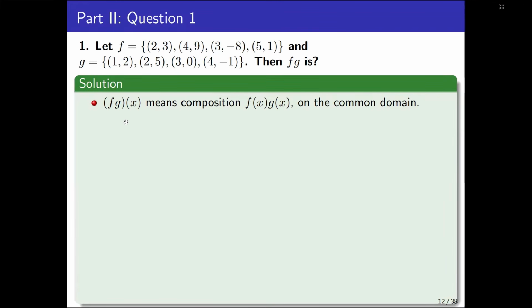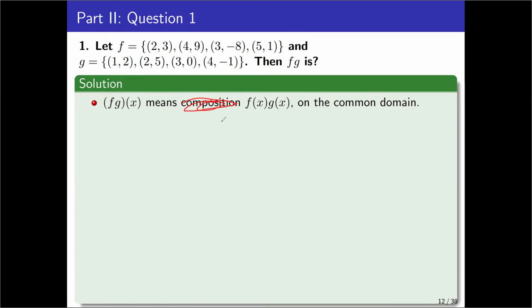By definition, f times g of x is an operation which is the product of the two. It is not a composition, rather just the usual multiplication of functions.